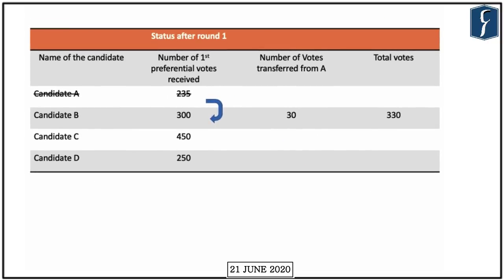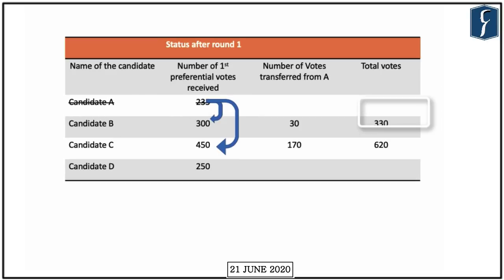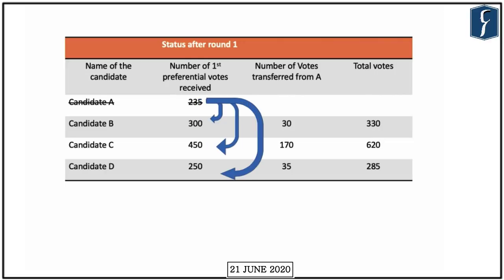So for example, out of the 235 ballots with first preference votes to A, 30 of them had B as their second choice, and hence those votes shall be transferred to B, making B's total 330. Similarly, 170 of those had second preference to C, making his total 620. 35 of them had voted their second preference to D, making D's total 285.